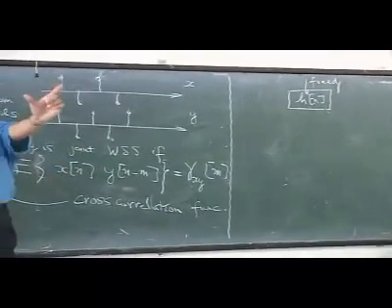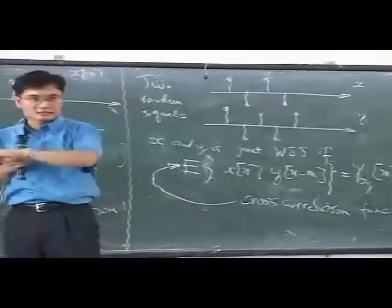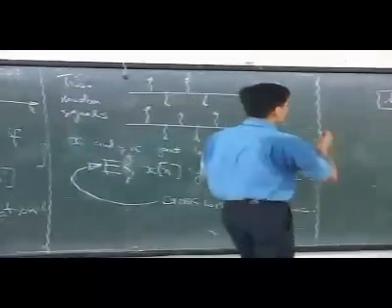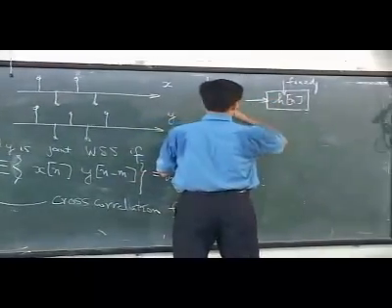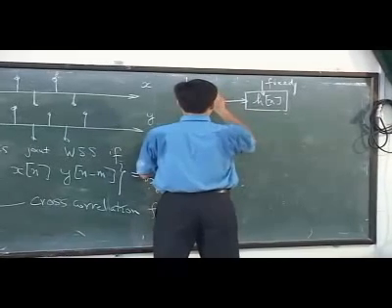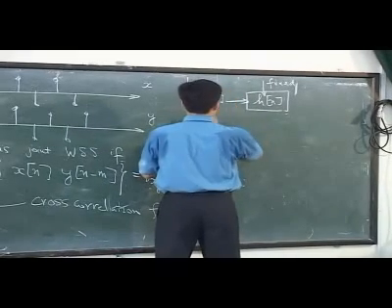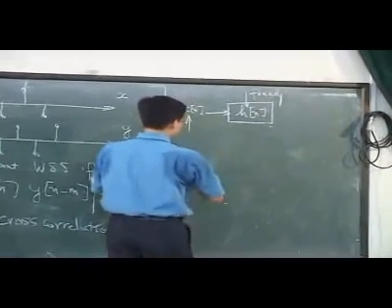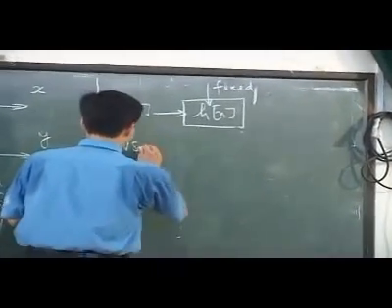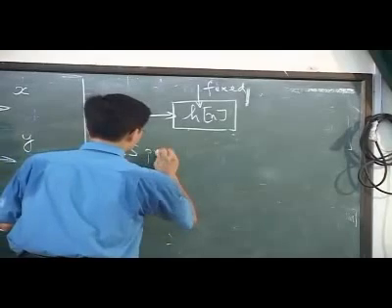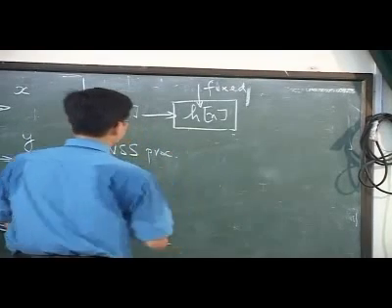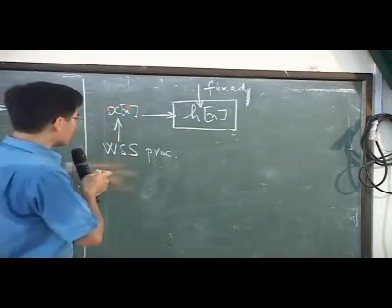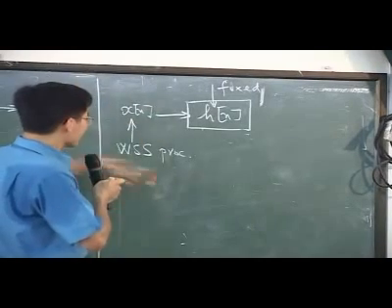I give it out, and people put in the input signal, x[n]. And I assume the input signal is a wide-sense stationary process. So this is a signal that is a random variable.